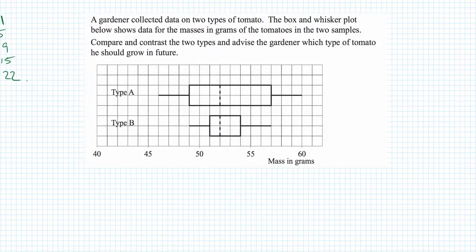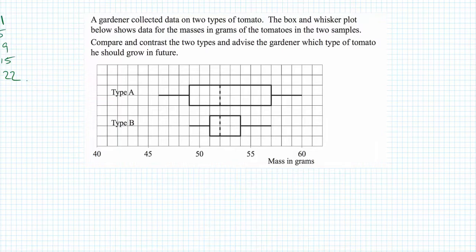So a gardener collects data on 2 types of tomato. The box and whisker plot below shows data for the masses in grams of the tomatoes in the 2 samples. Compare and contrast the 2 types and advise the gardener which type of tomato he should grow in the future.